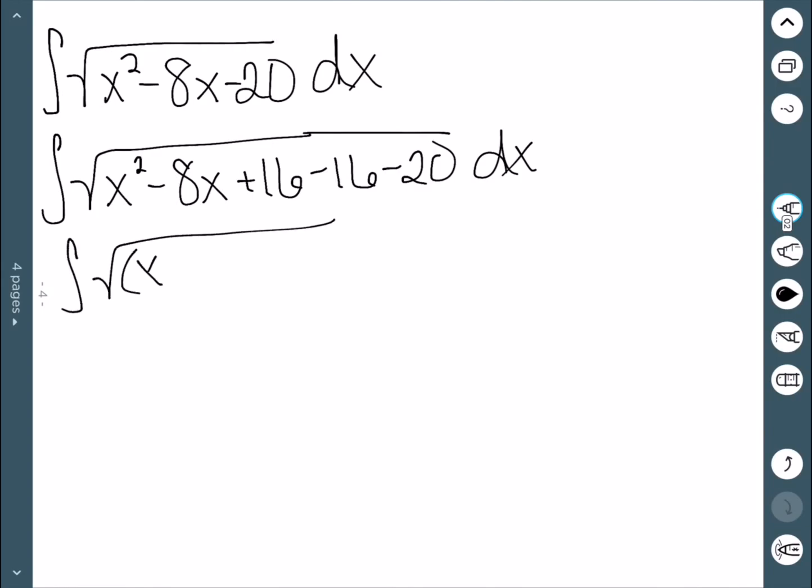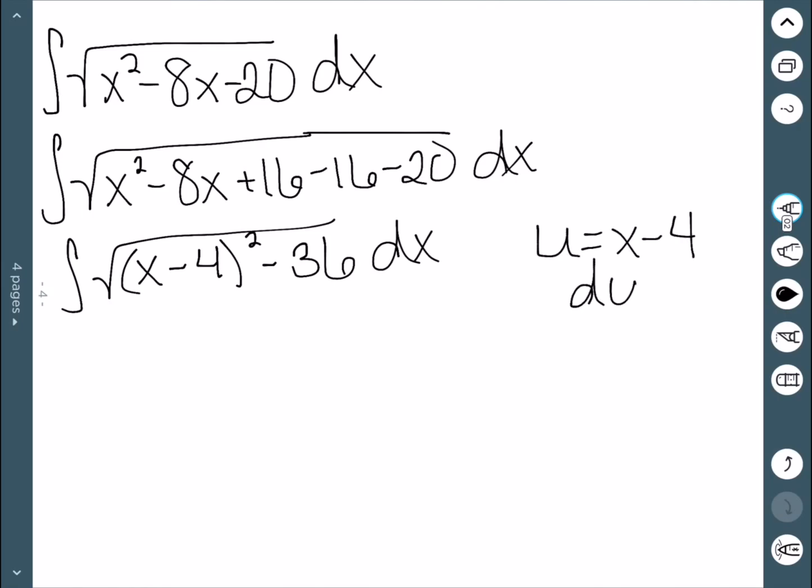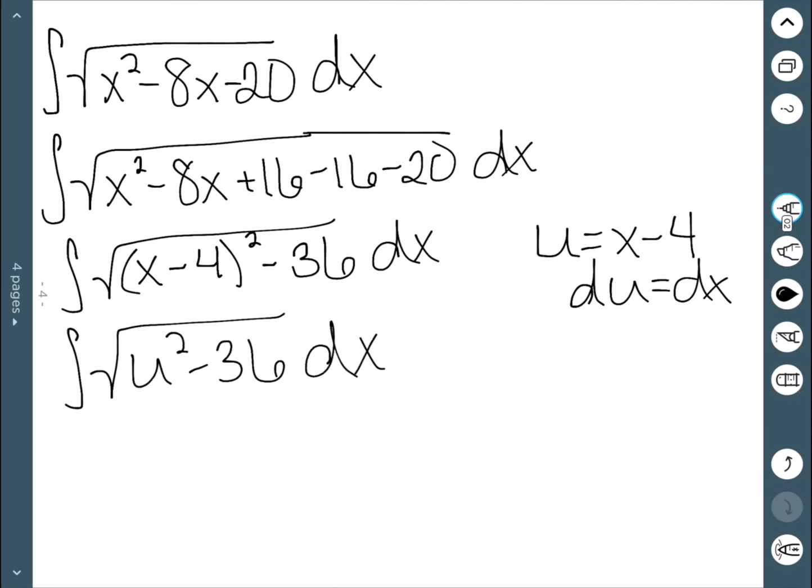This now gives me x minus 4 squared minus 36 dx. Before we do an actual substitution using secant, I'm going to let u be equal to x minus 4, and then du is dx. So this is now the integral of the square root of u squared minus 36 du, which now looks a lot more like my secant substitution.